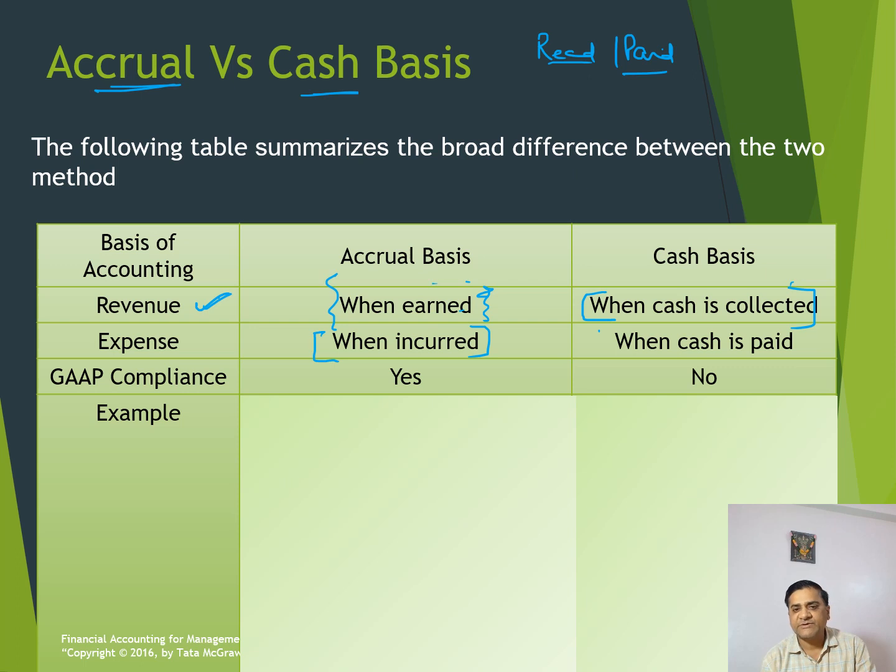But in case of cash basis, we would say it would be recorded only when the cash is paid. Right? GAAP compliance: accrual complies with the GAAP rules, which say the amount needs to be recorded whenever it becomes due. But cash basis does not comply with the GAAP rules, because it says that the amount needs to be recorded only when it is paid in actual.